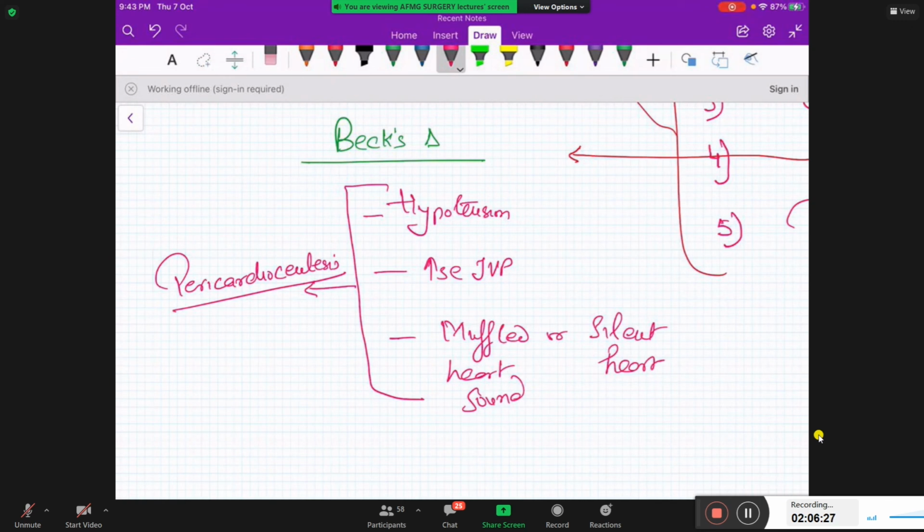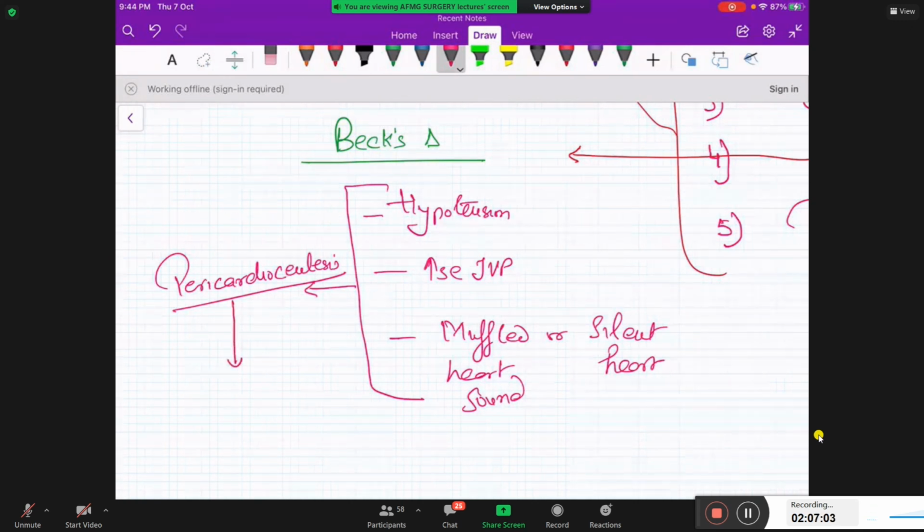How will you enter the pericardium? You will enter the needle just below the xiphisternum. A question asked. You should enter the needle just below the xiphisternum, directed towards the left shoulder.